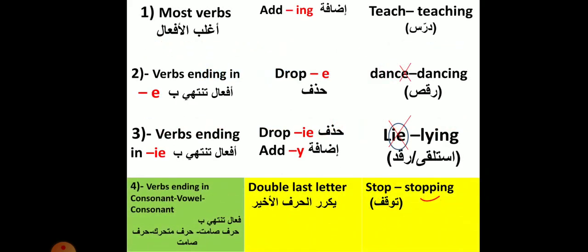The fourth rule, verbs ending in consonant plus vowel plus consonant. For example, stop, we double the last letter, stopping. So verbs ending in consonant, vowel, consonant, we double the last consonant. Verb to stop, stopping.